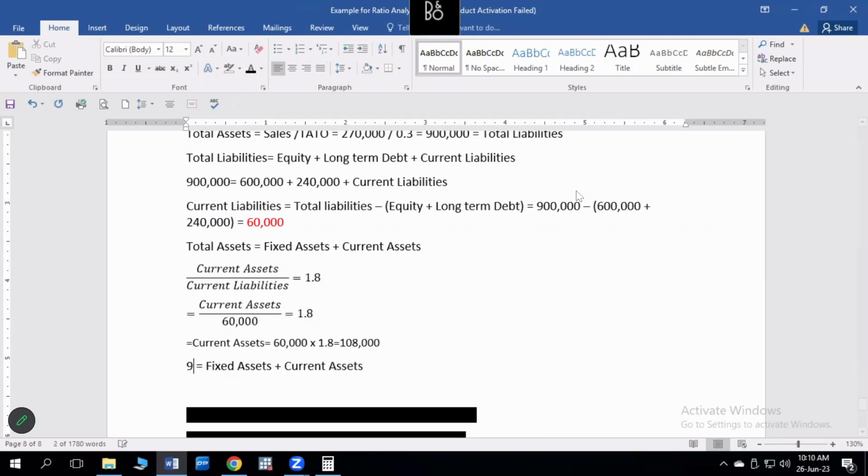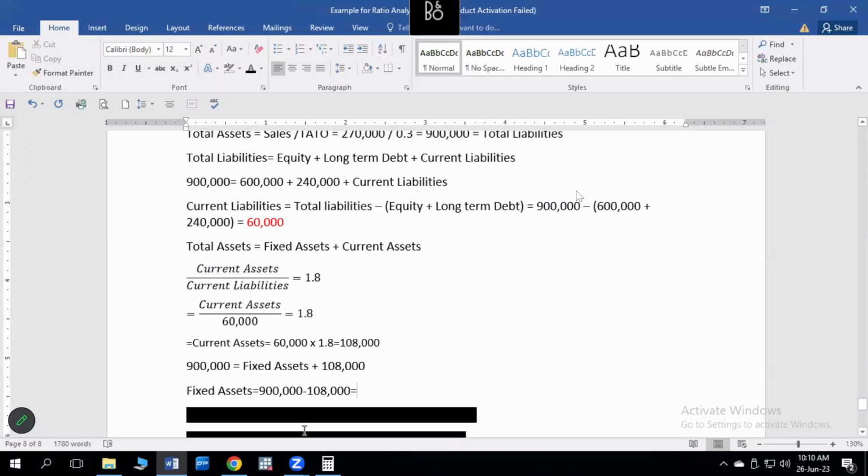Total assets you have already found, 9 lakhs. Current assets you found, 1 lakh and 8,000. Only the fixed assets you want to find out. So fixed assets would be equal to 9 lakhs minus 1 lakh and 8,000.